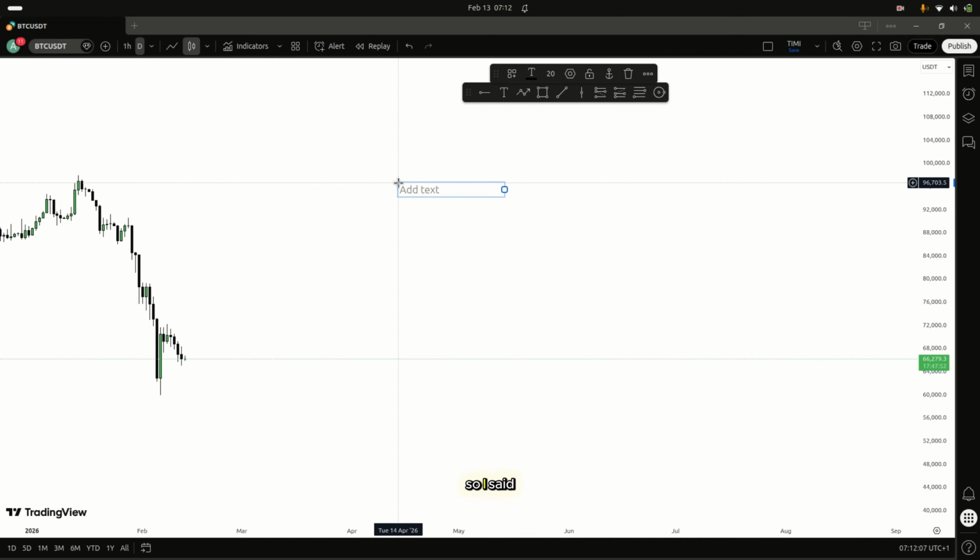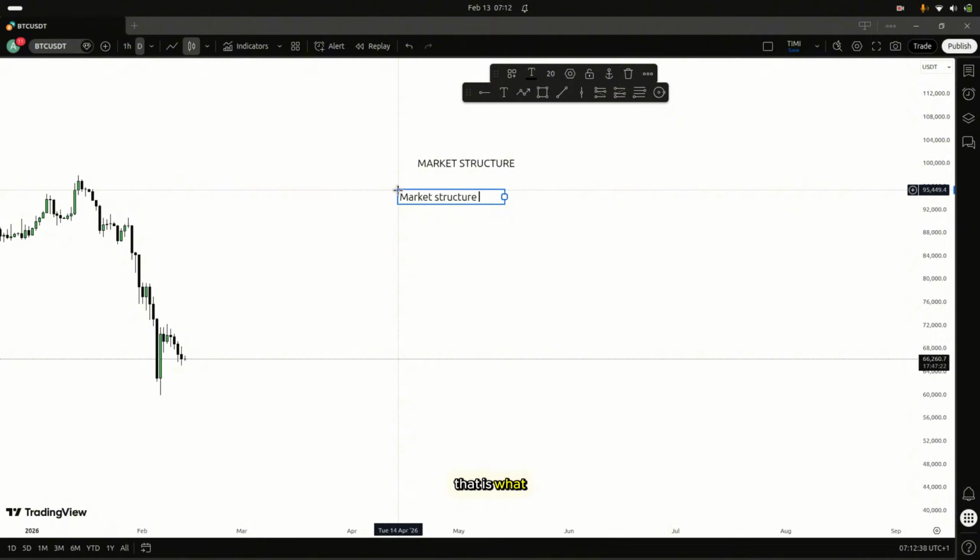So I said market structure, right? Let's quickly get what market structure is. Market structure is simply the pattern that price uses to move from one level to another. That is as simple as that. I keep saying this, don't complicate your trading.